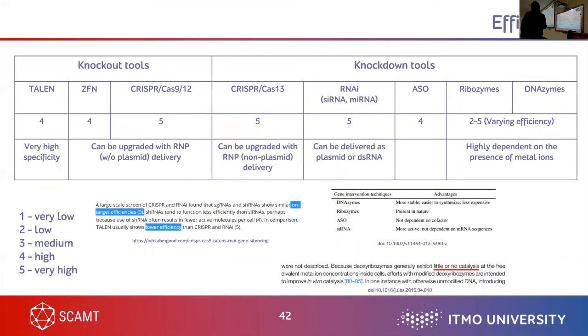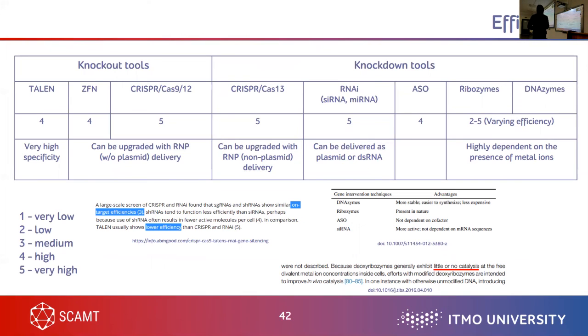So there is a template with each of the tools we were talking about before, and with some literature, I managed to find some information that usually CRISPR-Cas and RNAi have similar on-target efficiencies, and I mark them as 5.